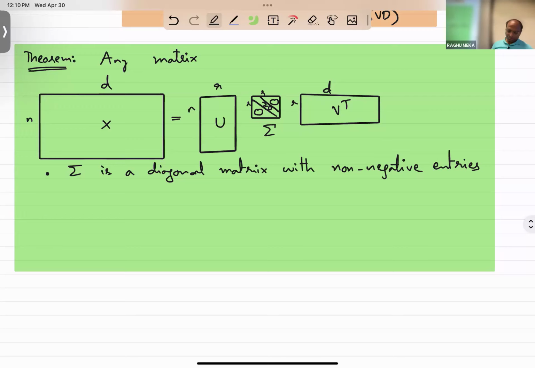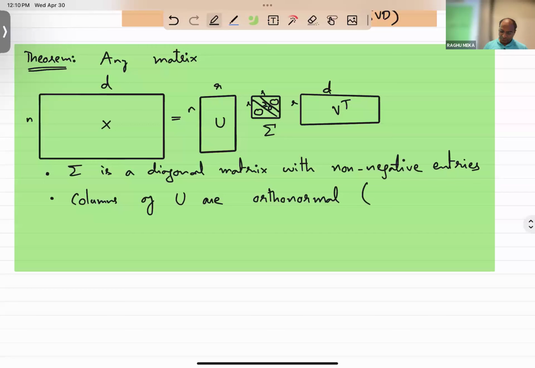And what else do we know? So the other two properties, which are also very useful, are that the columns of U are orthonormal. Meaning if I take any two distinct columns of U, which are like, let's say, R of them here, their inner product is actually 0. And if you take any single column, then its norm is 1.